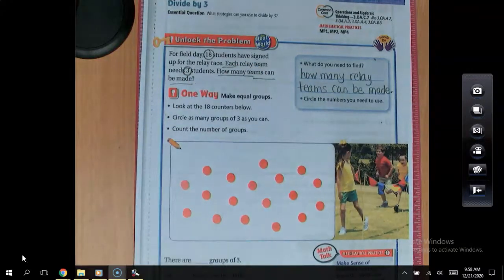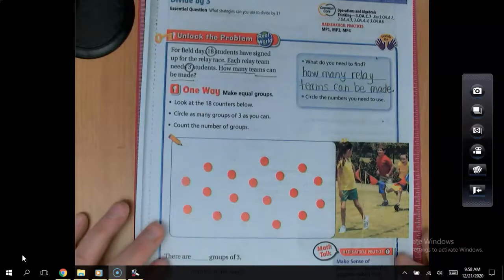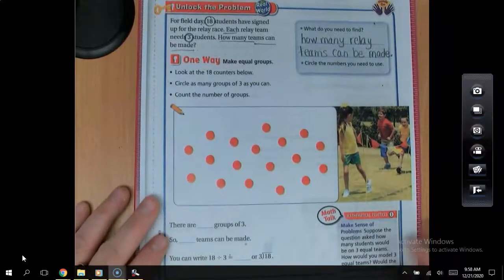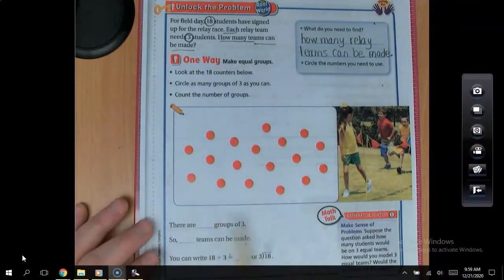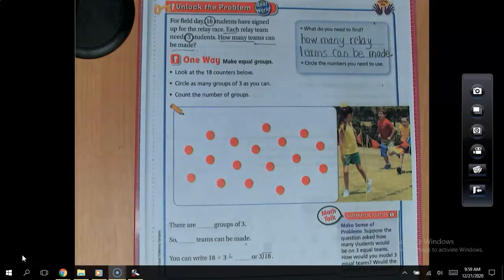Okay? So there's several ways we can figure this out. One way they want us to figure it out is by making equal groups. They provided us with 18 counters. They want us to circle as many groups of 3 as we can.